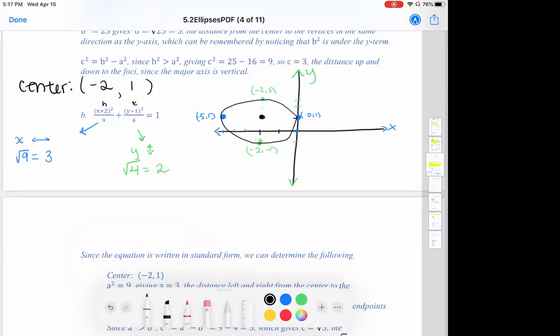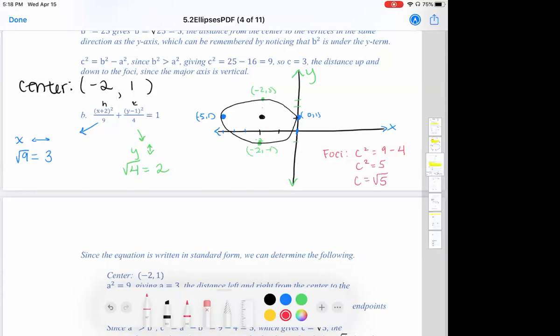And there you have it. You have to find one more piece, which is your foci. And it's always your bigger number minus your smaller number. Our bigger number is 9 minus 4. So it's a number squared, which is what we have. So we have 9 minus 4 is 5. C squared is 5, but I want c. Take the square root of both sides.